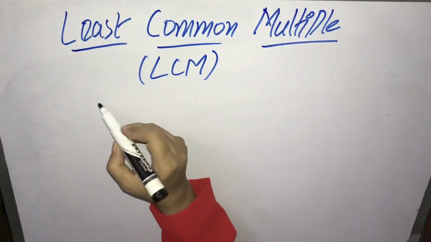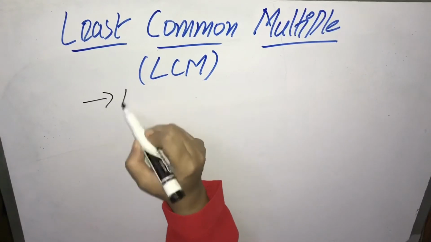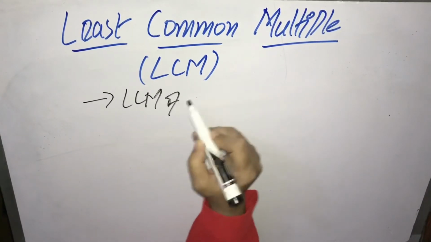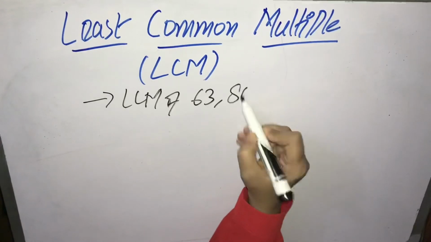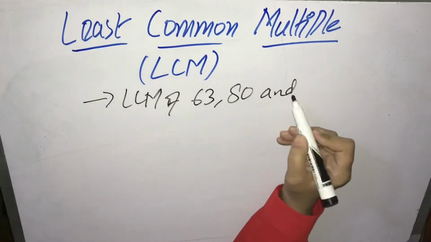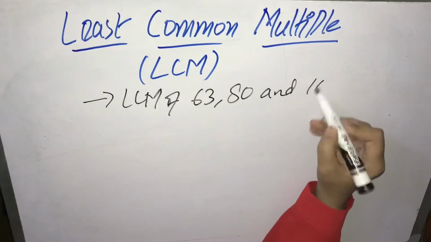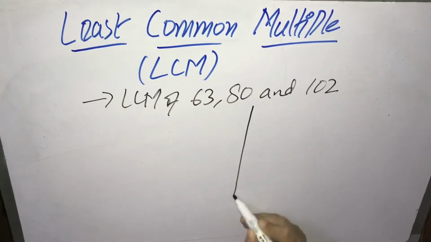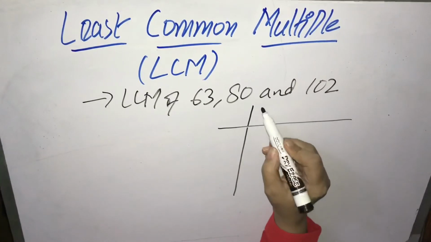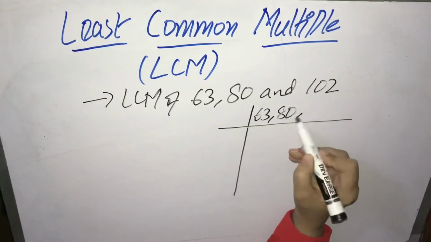Another example, LCM of 63, 80 and 102. Let's make the combined ladder: 63, 80, 102.